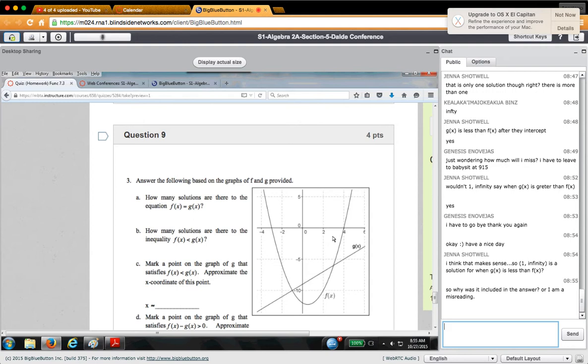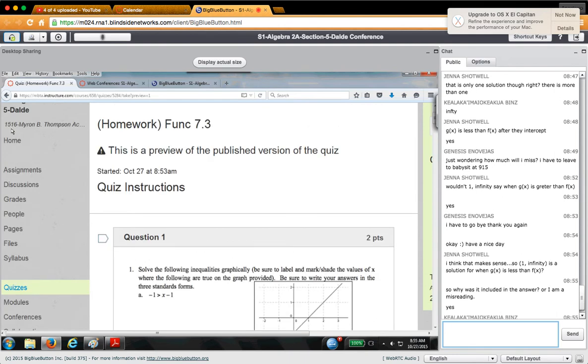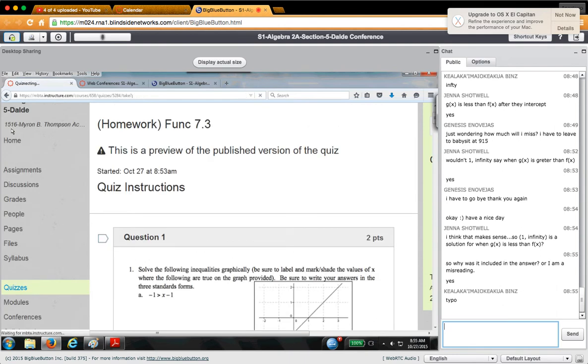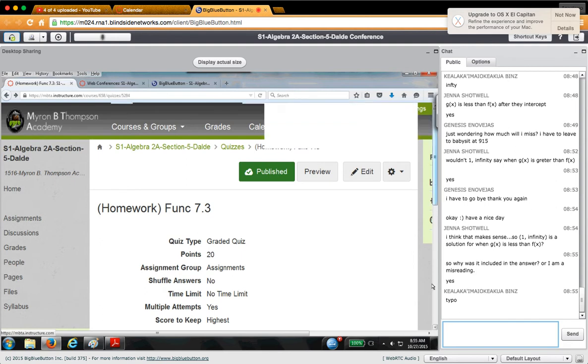So why was it included in the answer? Oh, you're asking why was that in the solutions? The reason being is because I screwed up the answer. That's a pretty easy explanation.